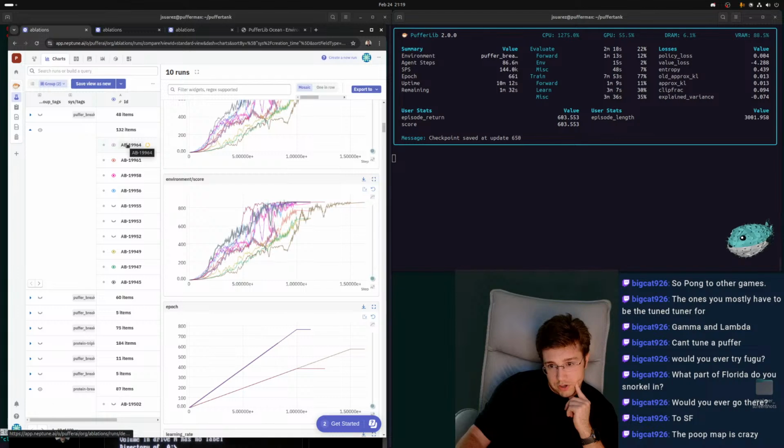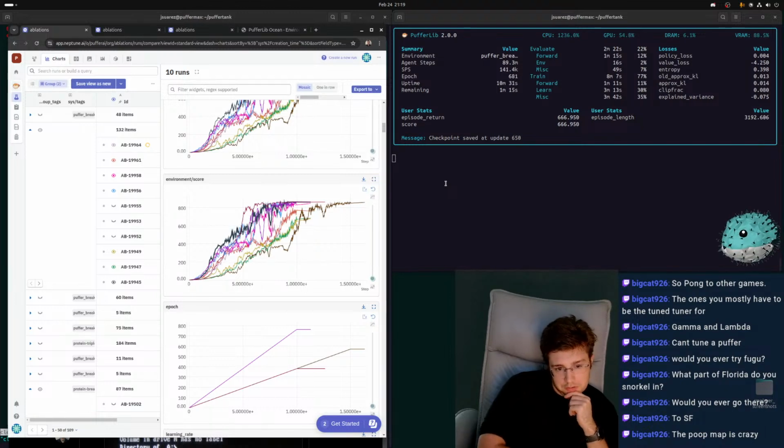Okay, so I'm interested to know why this didn't match. We'll let it finish to be sure, but it doesn't seem like it matches.